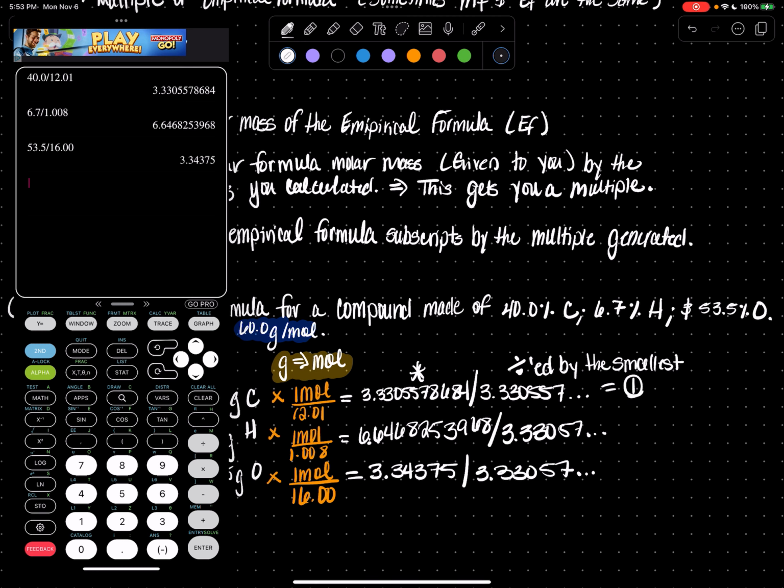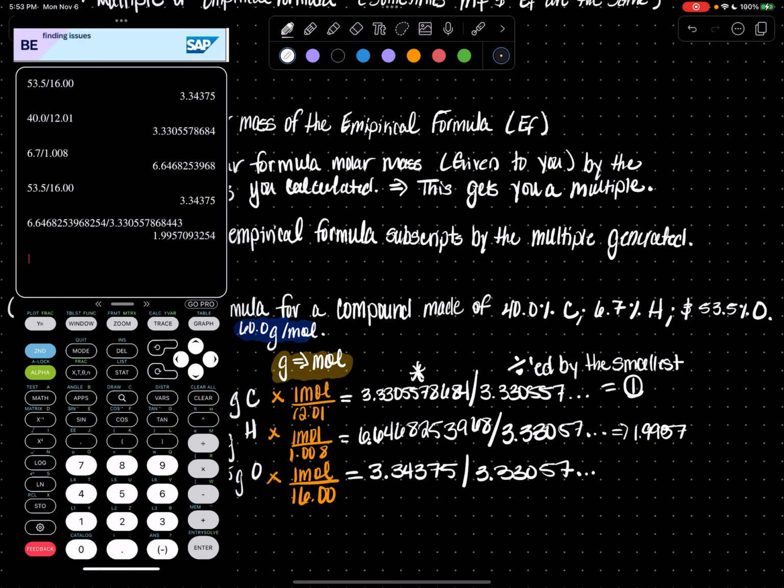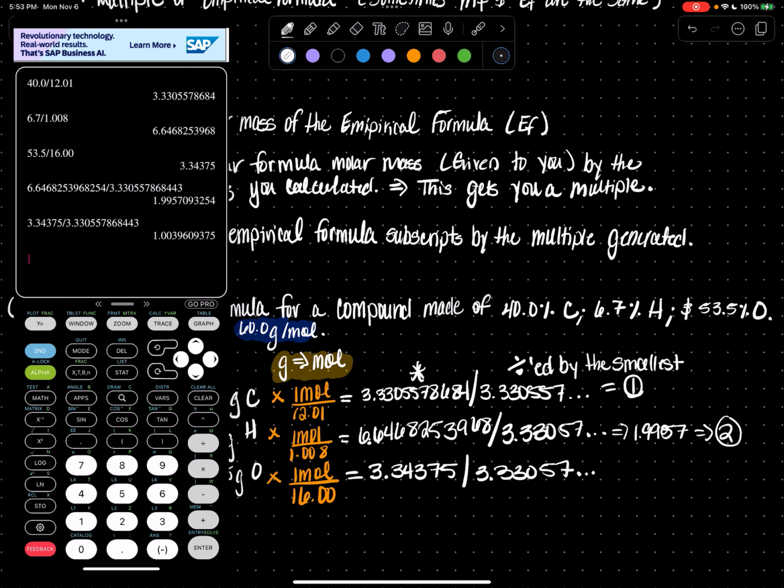Then we take that divided by the smallest, sliding up to get the numbers from the calculator instead of typing them all in. That rounds nice and pretty to a 2. I don't have to double anything. And we take that last value divided by the smallest, and I should get something pretty close to 1.